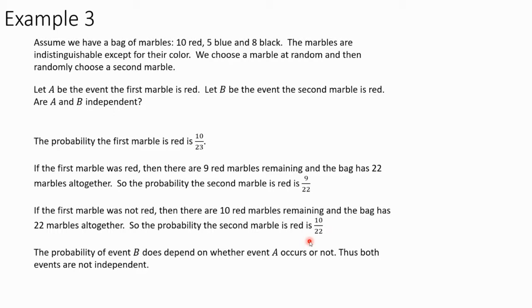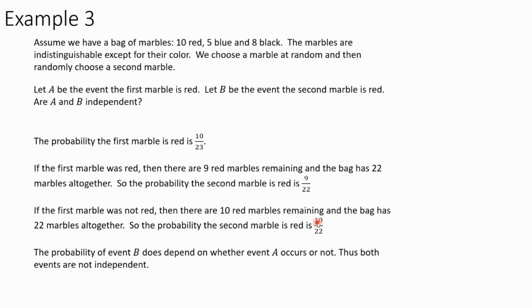Good. So since the probability of B is affected by whether A occurs or not, if A occurs, we get a probability, but if A does not occur, we get a different probability. So the events are not independent. Are there any questions on that? Any questions at all?